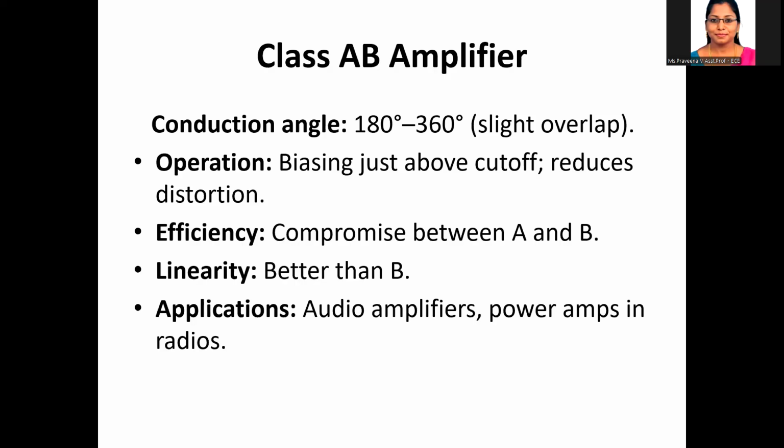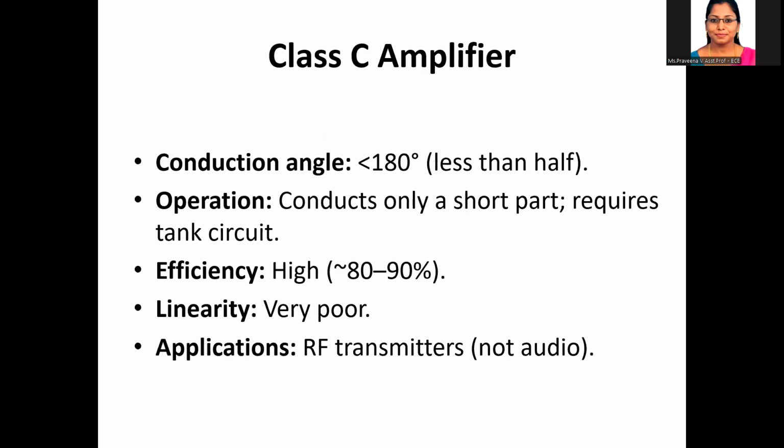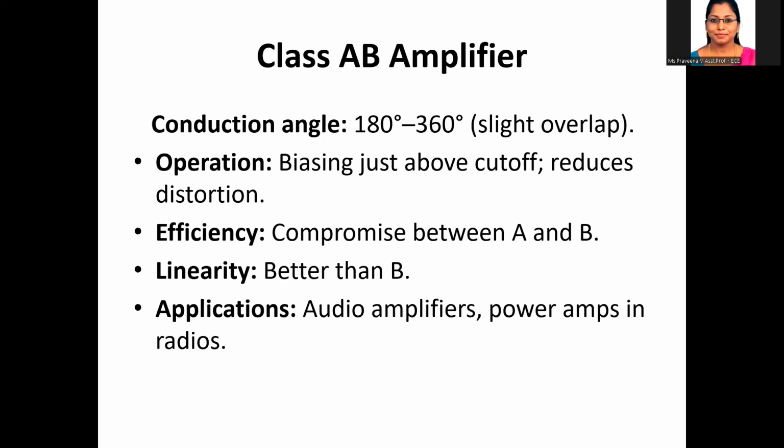The transistors are biased just above cutoff to reduce crossover distortion. Efficiency is a compromise, better than Class A and lower than Class B, and linearity is better than Class B. Class AB amplifiers are used in audio amplifiers and power amplifiers in radios.